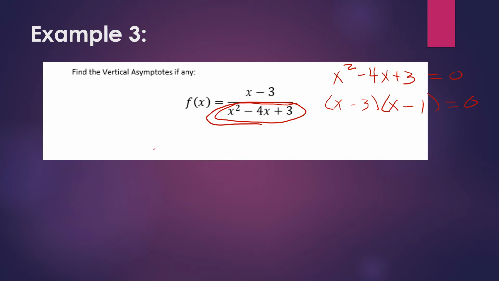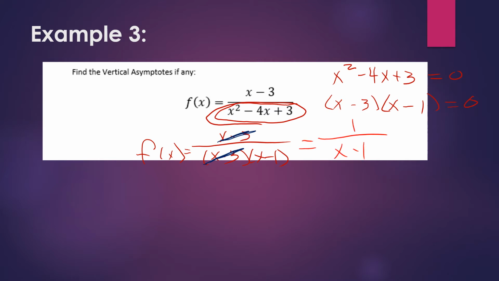Now, if I go back to my original function, f of x, x minus 3 over x minus 3 times x minus 1, we're going to notice that there's actually already a cancellation of the x minus 3. So the real function that I'm looking at is going to be 1 divided by x minus 1. So what value of x makes x minus 1 0?